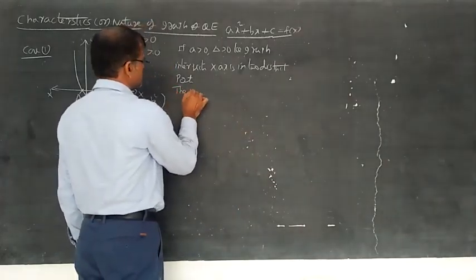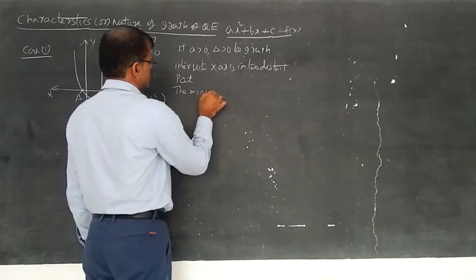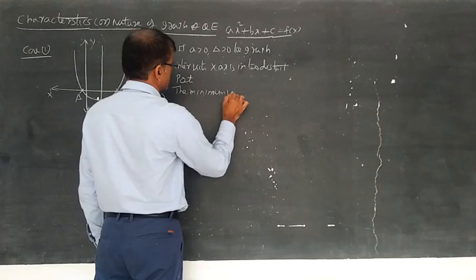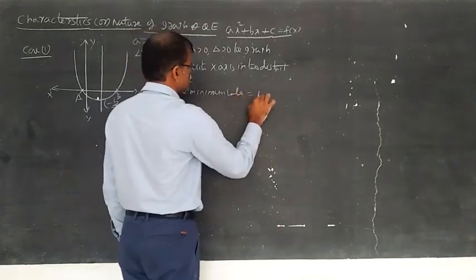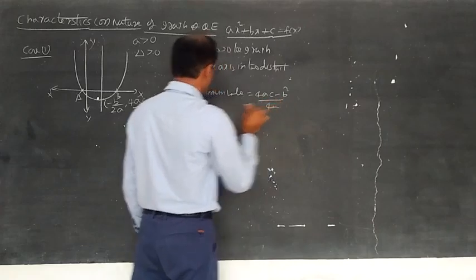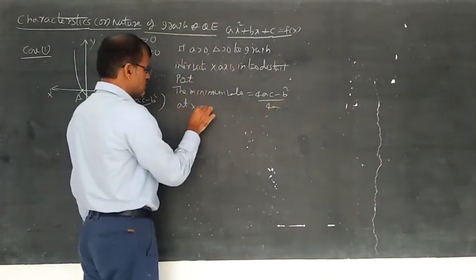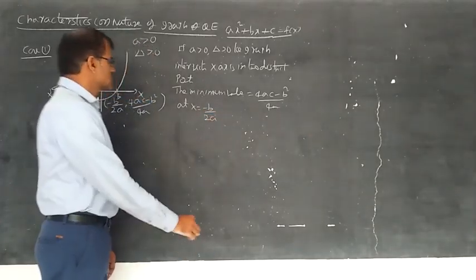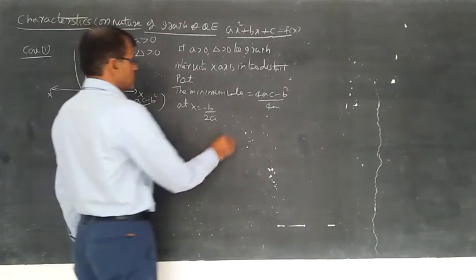The minimum value is equal to 4ac minus b square by 4a at x equal to minus b by 2a.